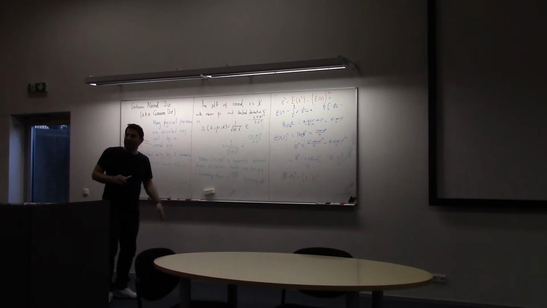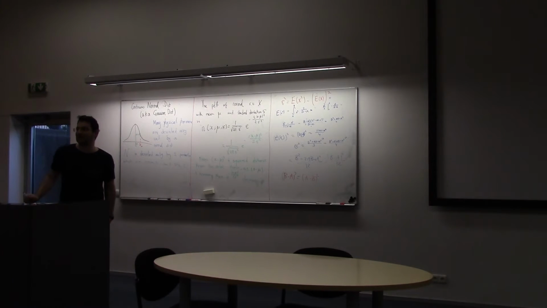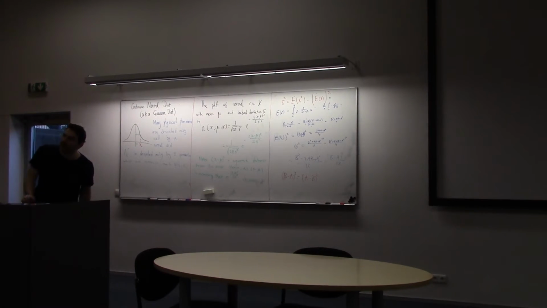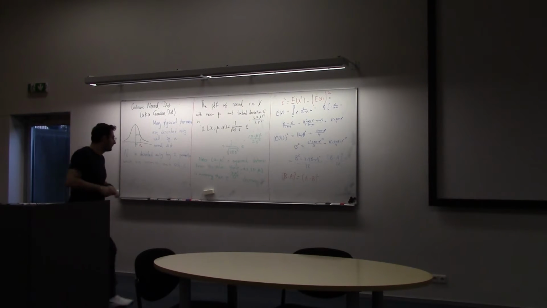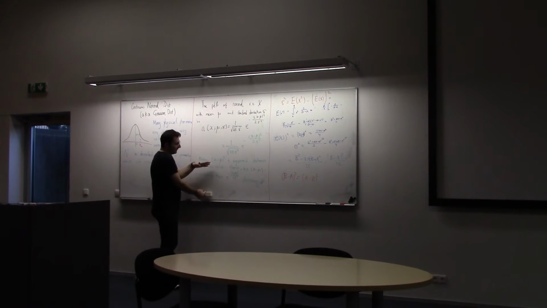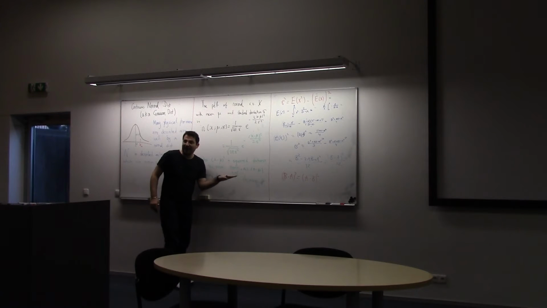So what does sigma tell us? x minus mu tells us that as it increases, the probability decreases. But what is the role of sigma? We agree that we are decreasing as x minus mu increases, right?